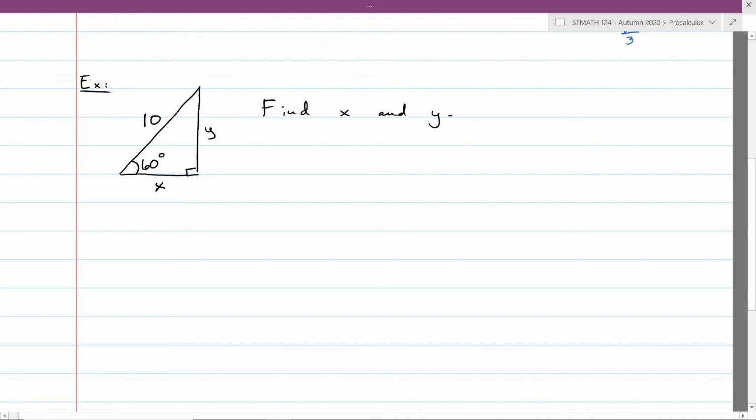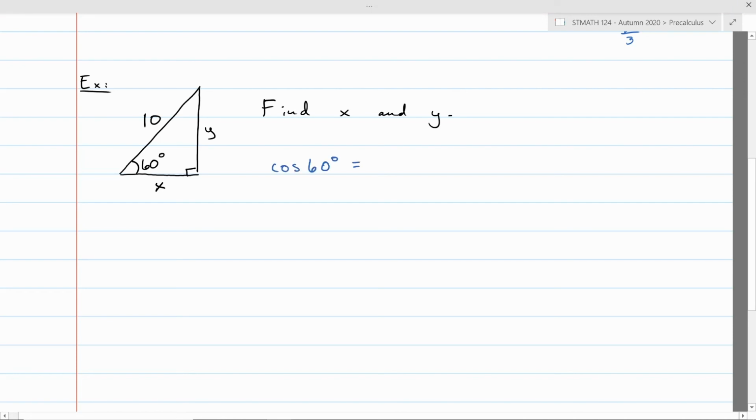And so like here in this picture, the fact that I know the angle is 60 degrees and I know one of the sides of the triangle, the hypotenuse, is 10, it allows me to actually figure out what x and y are exactly. So for example, I know that from this picture, cosine of 60 degrees is the adjacent side over the hypotenuse, so that's x over 10. So from that, I see that x is equal to 10 times cosine of 60 degrees.